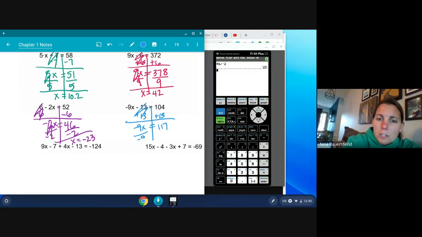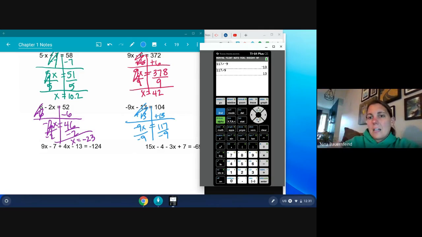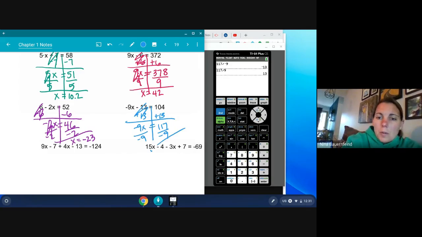The other way you could do it is divide by -9. So we would go 117 divided by -9. What he was saying is 117 divided by 9 and then add the negative at the end. And that totally works because the -9 changes the sign. So then we end up with x equals -13. You cool?